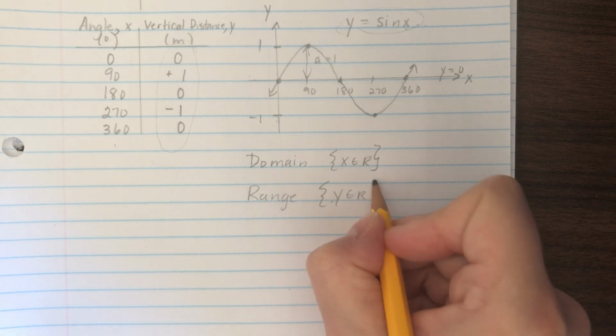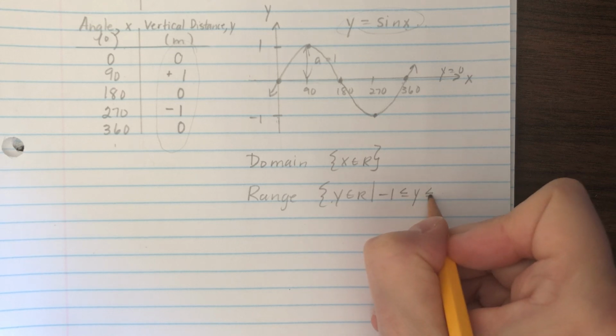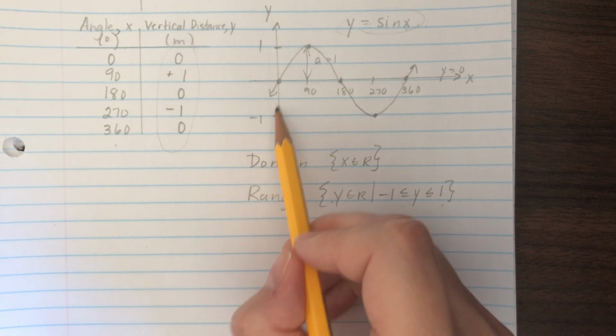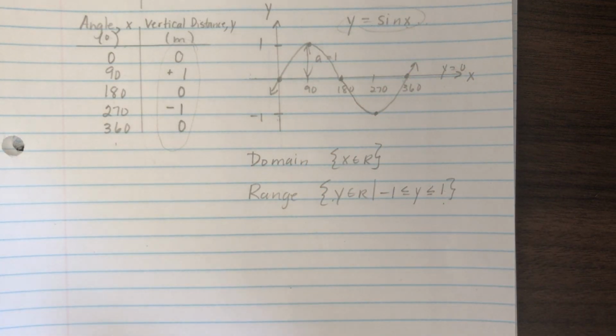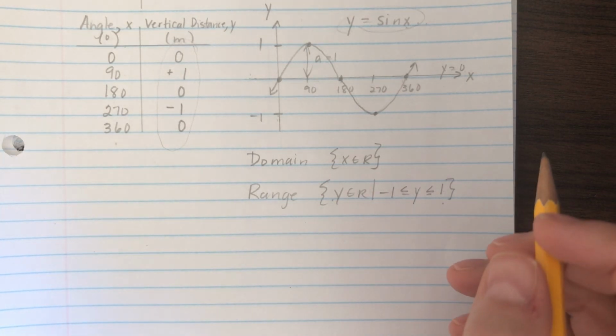So y belongs to the real number set such that -1 is less than or equal to y, which is less than or equal to +1. So Freddy is going to move through heights of -1, which represents 1 meter below the water, and +1, which represents 1 meter above the water.